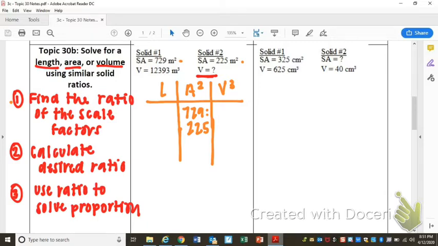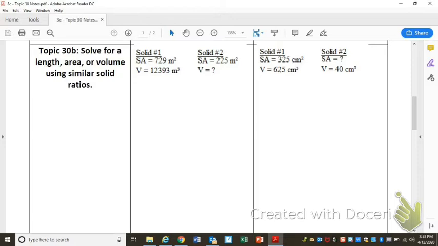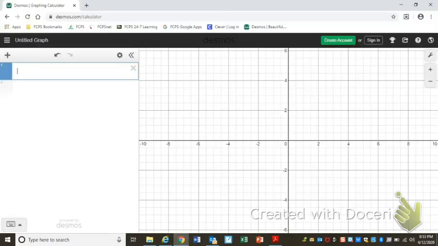So you're going to go to Desmos, all right, and you can type in GCD, put your parenthesis, and then you're going to put your two numbers that you want to see if they have a similar factor. So we're going to type in 729 and 225.